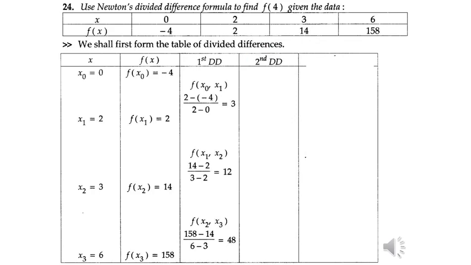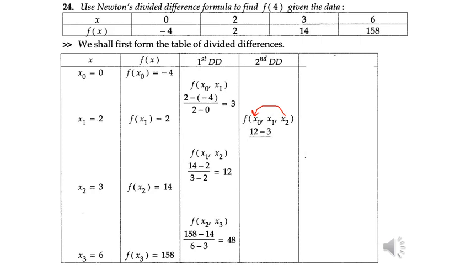Now let us find the second divided difference. It is denoted by f of x0 comma x1 comma x2, and it can be found as follows: go to the previous column, do 12 minus 3, divided by x2 minus x0.